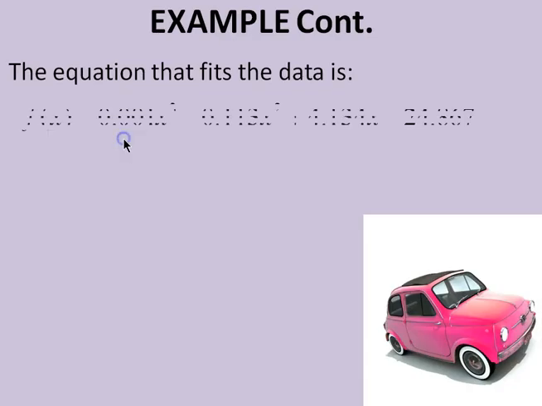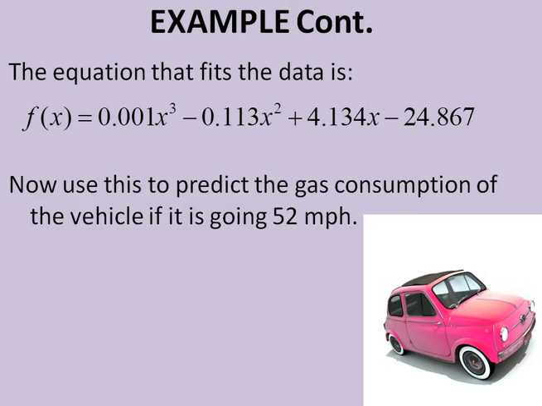Okay, so we look at this, and the equation that we said fits the data is f of x equals 0.001x to the third minus 0.113x squared plus 4.134x minus 24.867. So suppose we had that equation and we wanted to predict the amount of gas consumption this vehicle would have if it was going 52 miles per hour.